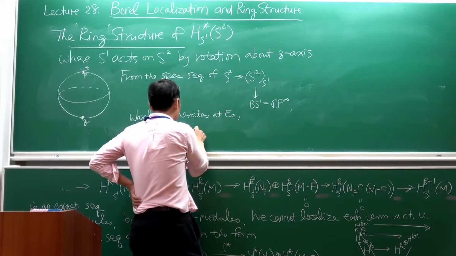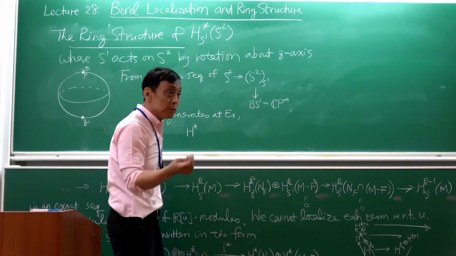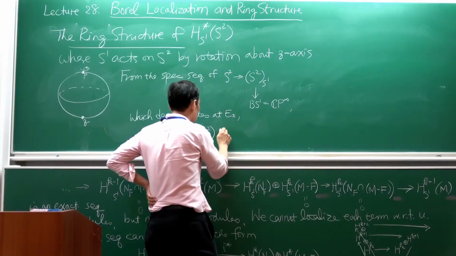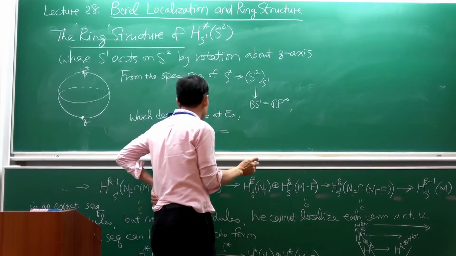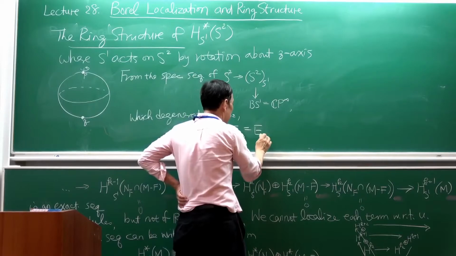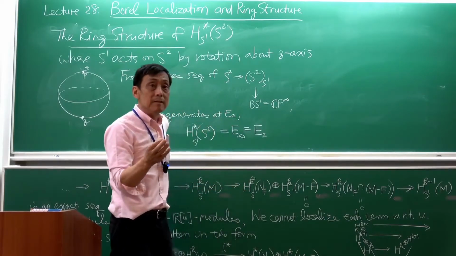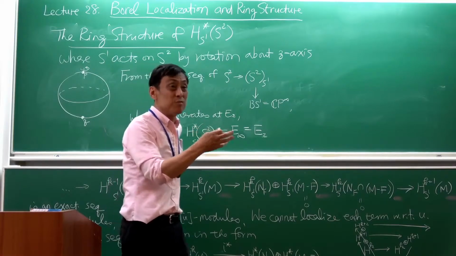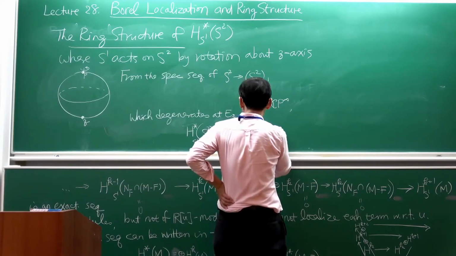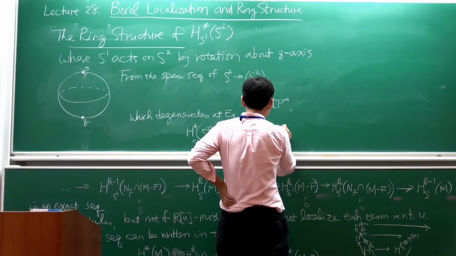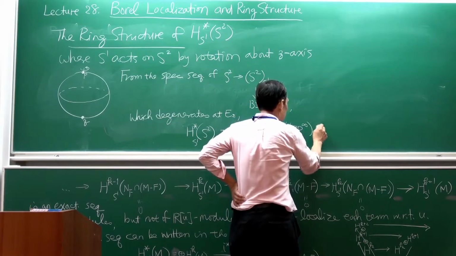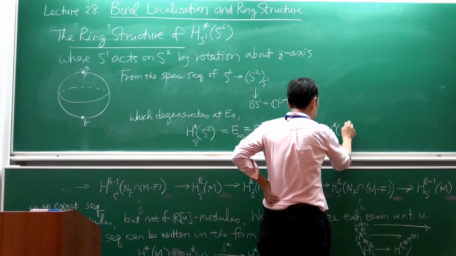And yeah, we know that with real coefficients, you don't have to worry about extensions because they're all vector spaces, so they're all free modules. So E infinity is E2, and E2 is isomorphic to the cohomology of the base tensor with the cohomology of the fiber.